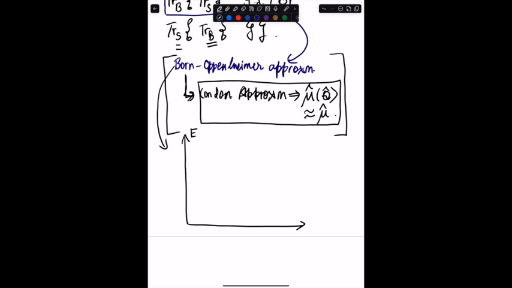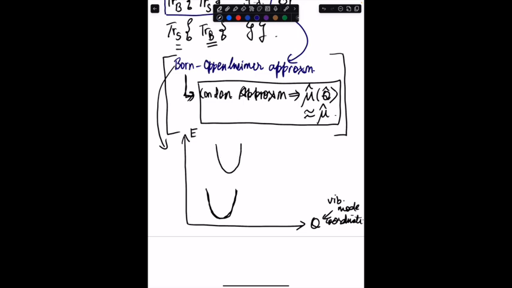So let me construct this diagram with respect to some nuclear coordinate or vibrational mode coordinate Q, right? So let's just say I have some ground electronic state, and I'm assuming these surfaces to be harmonic.